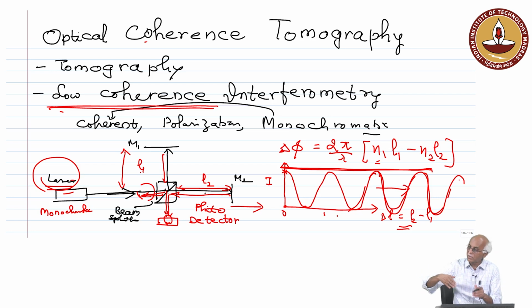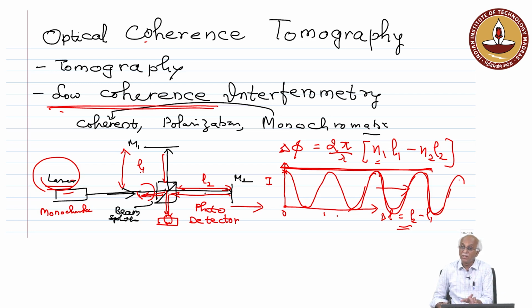The difference between these two path lengths, delta L, can be very long, and still I will be able to see the interference pattern. But when we are using a light source which is broadband in nature, there is a limit to this coherence.